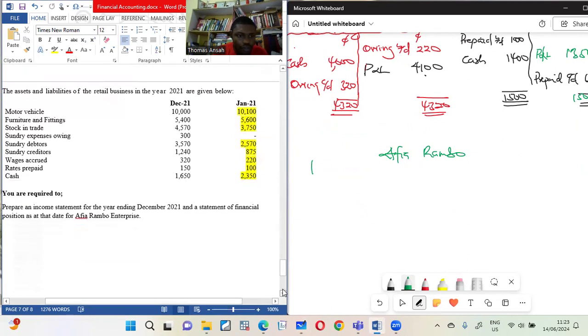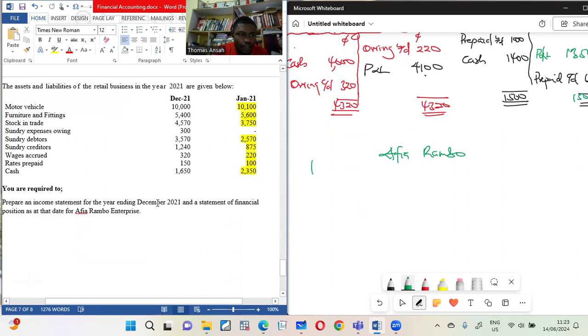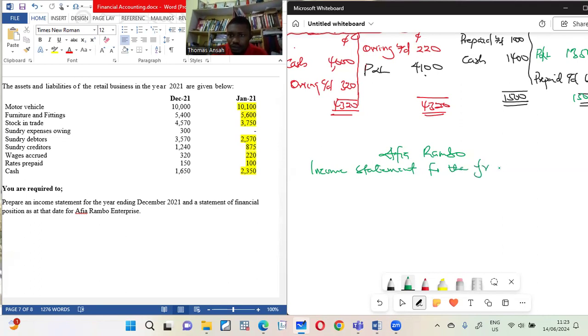Prepare this income statement. So income statement for the year ended 31st December 2021.